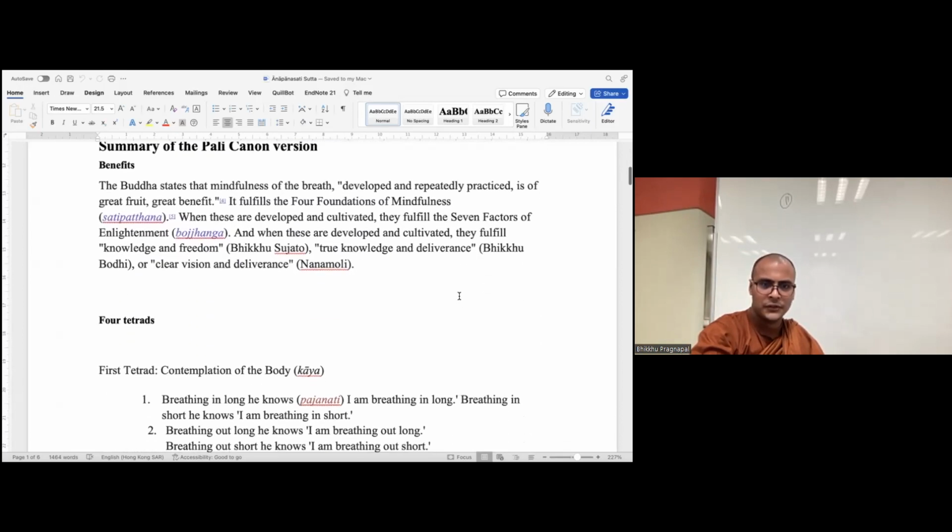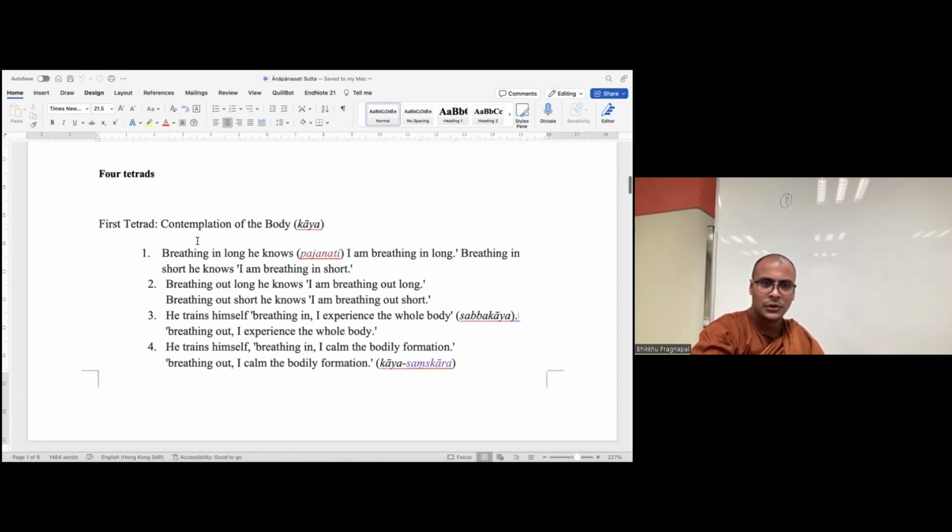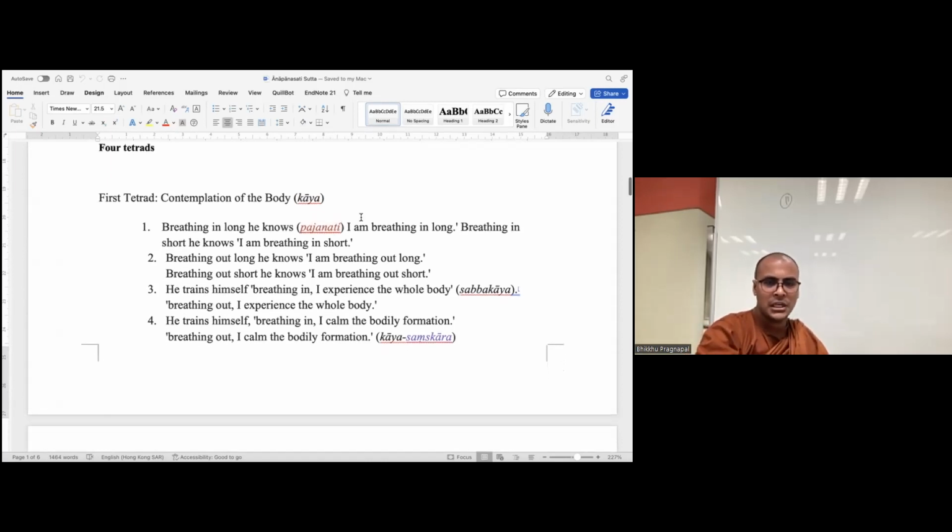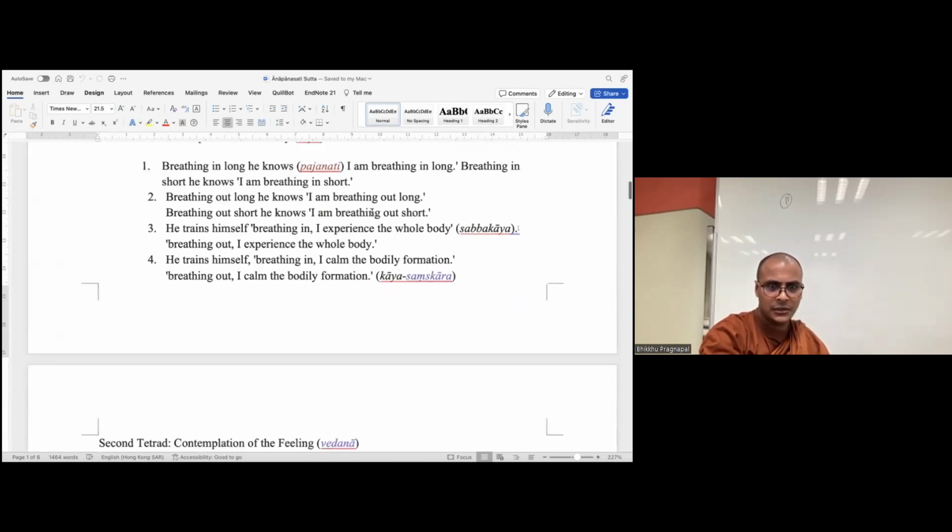What are the 4 ways? The contemplation of the body. I think some of you already know about the Satipatthana Sutta, and the Satipatthana Sutta and this Anapanasati Sutta are actually very connected. When you see the 16 steps, 4 of them relate to the kaya, the body.